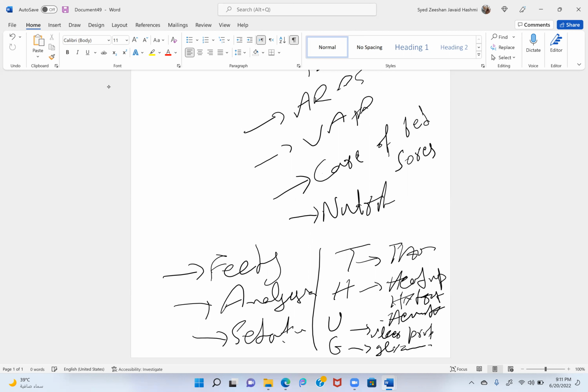Glycemic control. But please, I request you, don't use this FAST HUG in front of the examiner. Even if it is in your mind, this does not create a good impression. Don't say that, sir, there is a formula for management. This will not create a good impression for you. They want to listen to the words themselves.